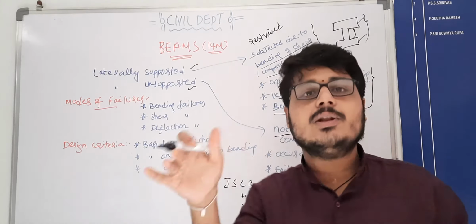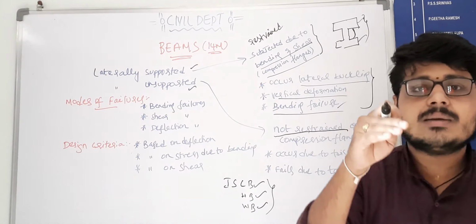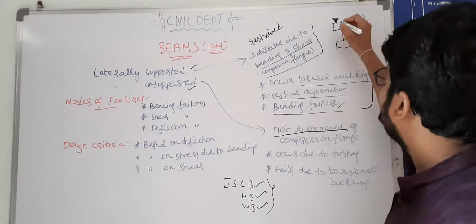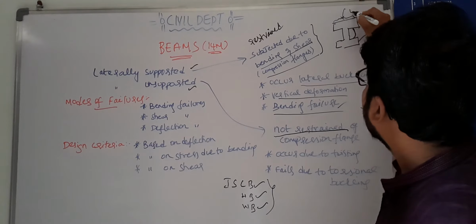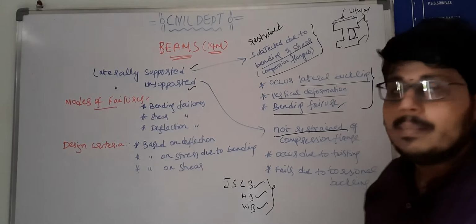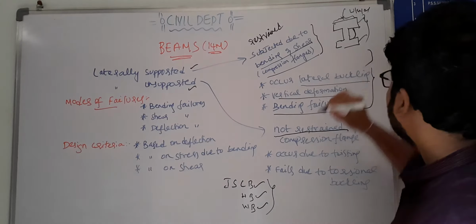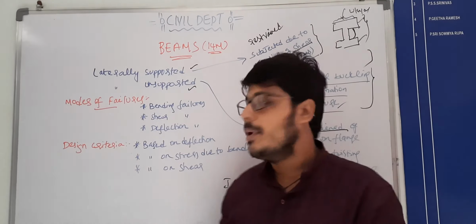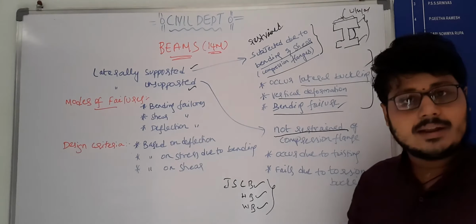What is bending failure? Load is applied as W kilonewton per meter, and the bending of the flanges will gradually change. So bending failure will be there.